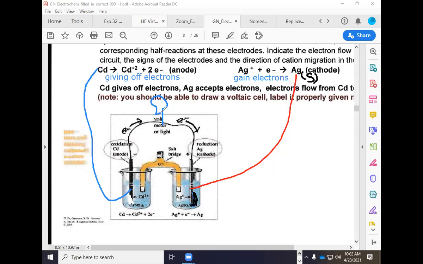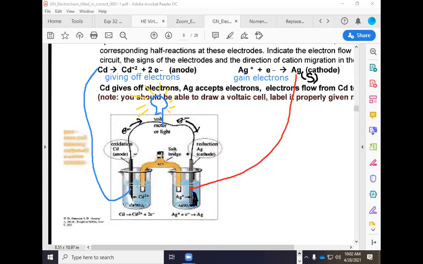Okay, so remember back in the day when you had light bulbs? The electrons are flowing through the wire. This is a piece of wire connecting these metals. You could have the wire clipped onto a light bulb. There's a way to do it. And then if you've got the current going through, you would see the light bulb going off.